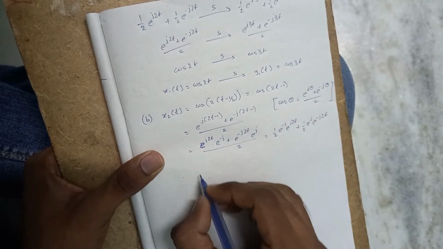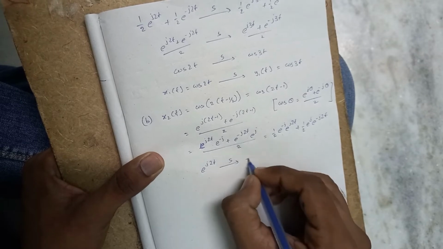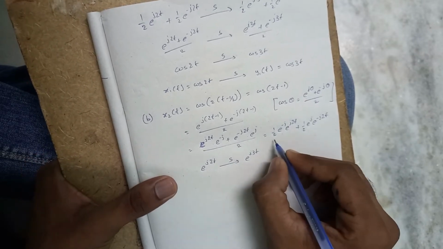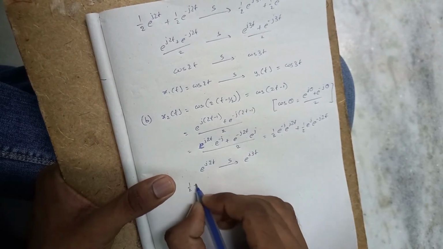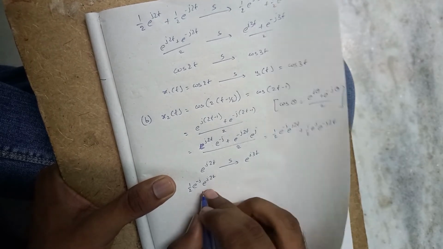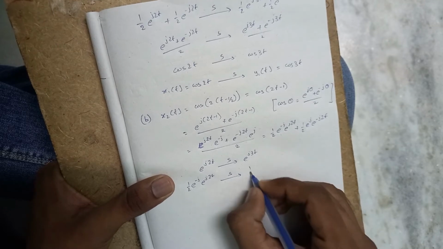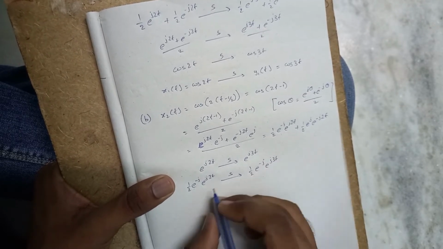As given, for the input e power j2t, for the system S the output is e power j3t. If we multiply this with 1 by 2 into e power minus j, we get the input 1 by 2 e power minus j into e power j2t. For this input for the system S, we will get the output 1 by 2 e power minus j into e power j3t.